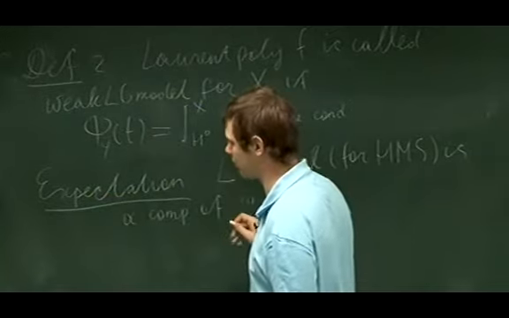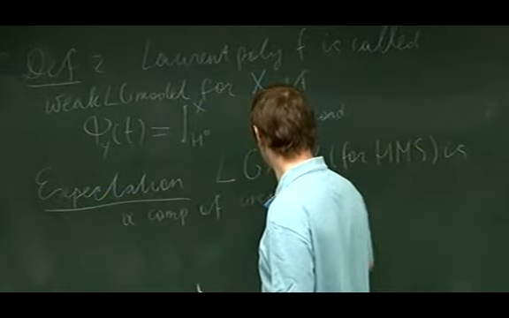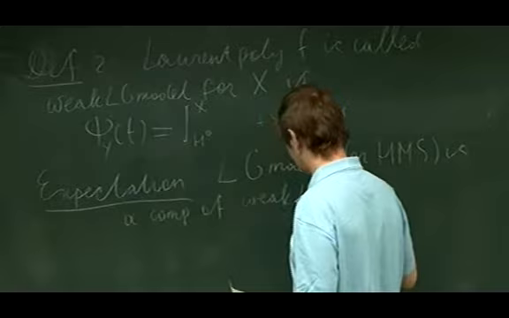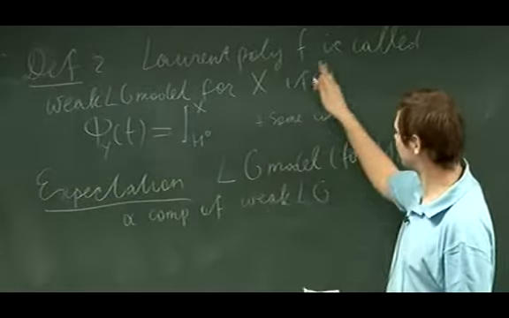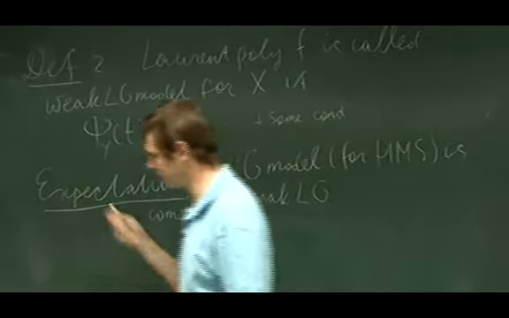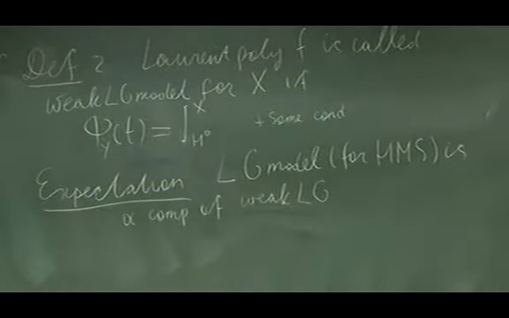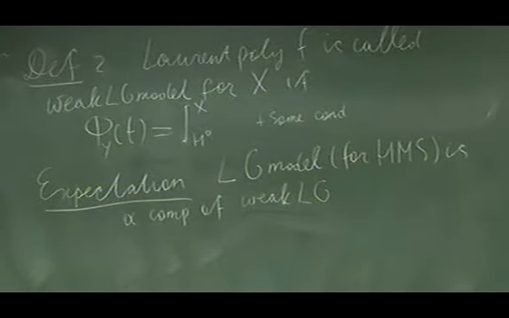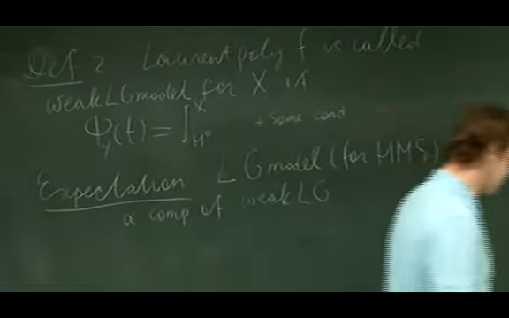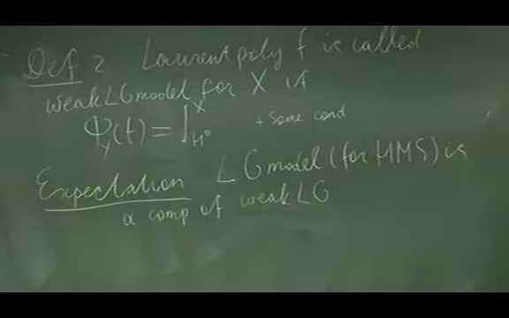Or I write, of the weak one. By definition it's a polynomial, but I mean the pencil given by this polynomial. And let me make a few remarks about these polynomials, why they are so interesting.